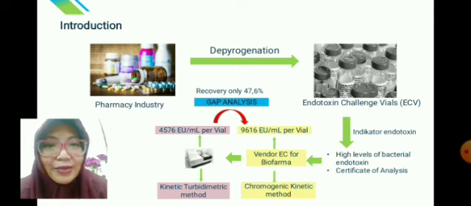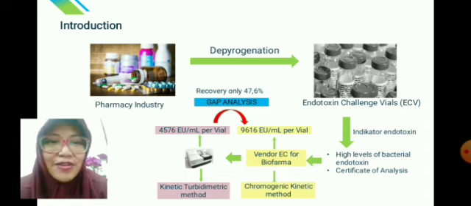This is one example from our research as a case study. The vendor, using the chromogenic kinetic method, determined the endotoxin concentration as 9616 EU per ml.